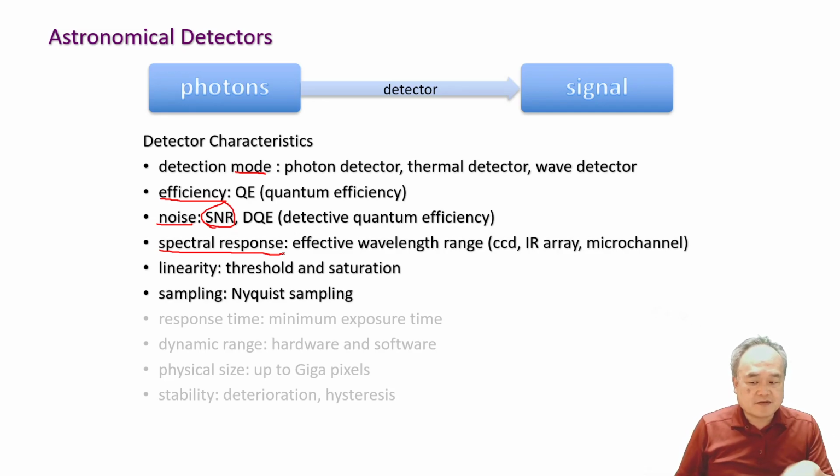Some detectors are designed so that they can be effectively used in the infrared wavelength range. Those are known as infrared arrays. And some special types of detector can be used in the high energy domain, such as the microchannel array.